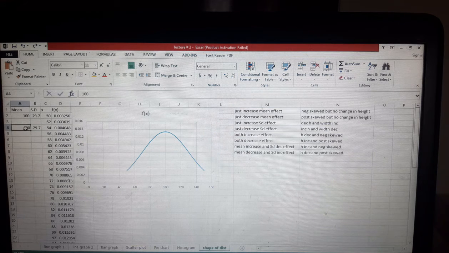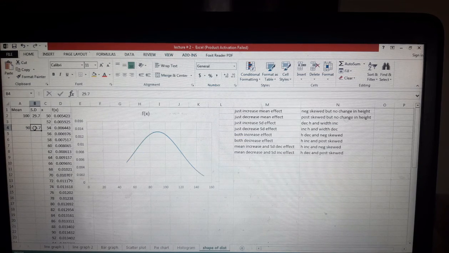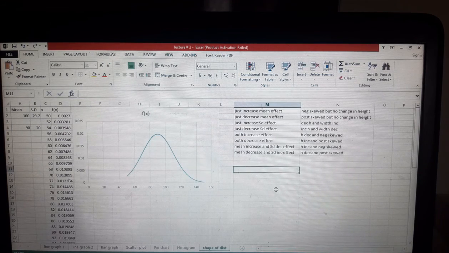If we decrease the value of both mean and standard deviation, look at this, height of the distribution increases and the distribution becomes positively skewed.